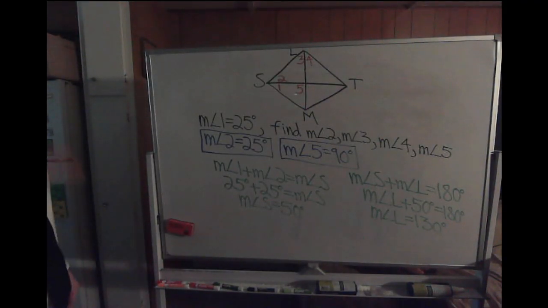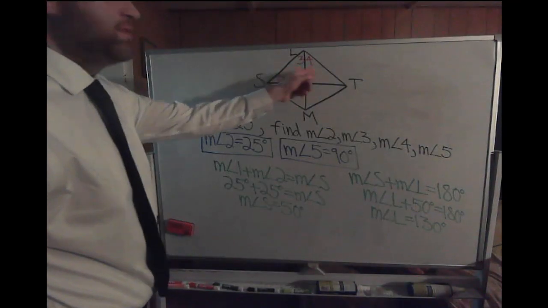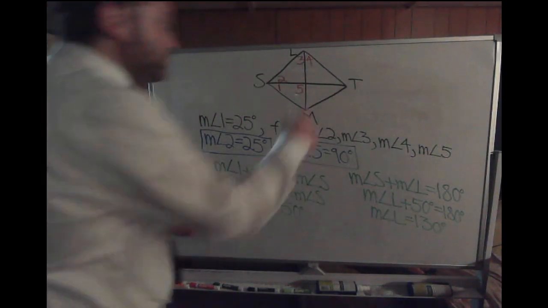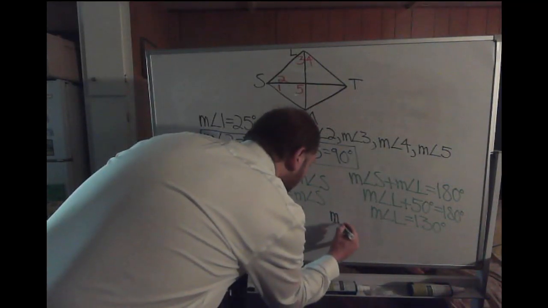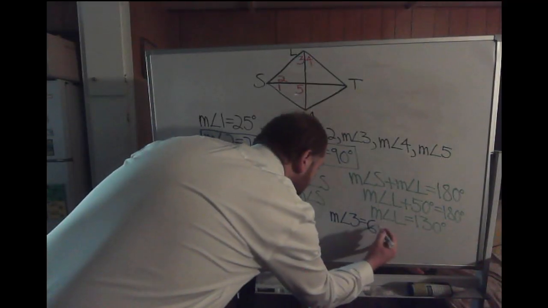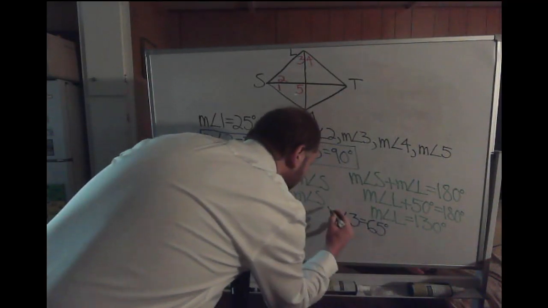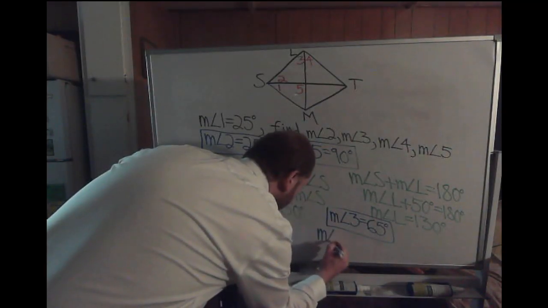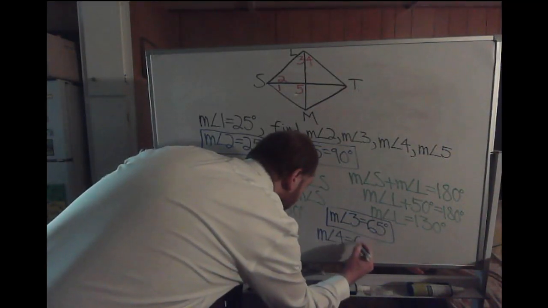And by the angle bisector theorem, each part is literally half the whole angle. So we can use the angle bisector theorem to find 3 and 4 right in a row. We know half of 130 is 65. So that means the measure of angle 3 is 65 degrees, and likewise the measure of angle 4 is also 65 degrees.